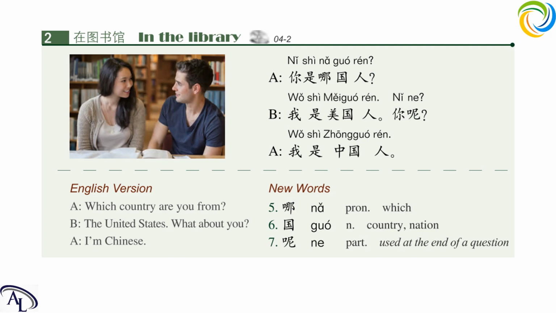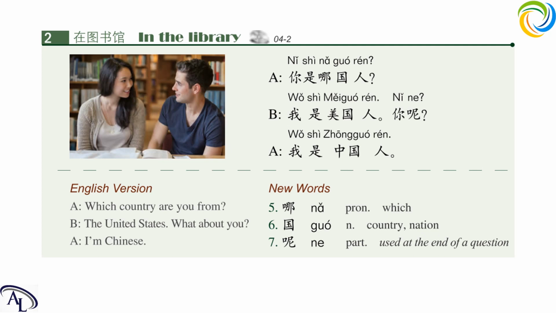Okay, 人 means person, human. 人, don't forget it. Okay, now try to ask the question, where are you from? The answer is 你是哪国人? We just said 哪国人 means which country's person.